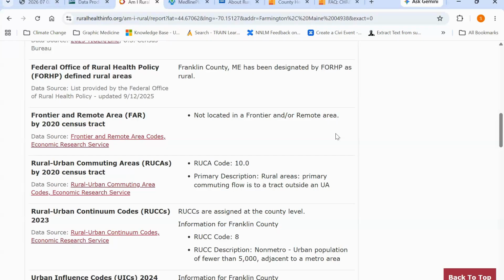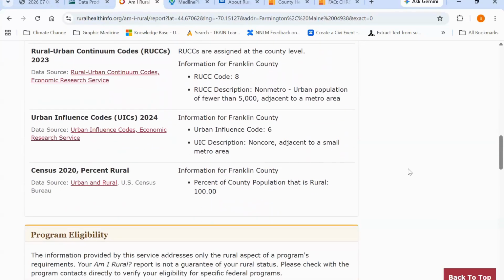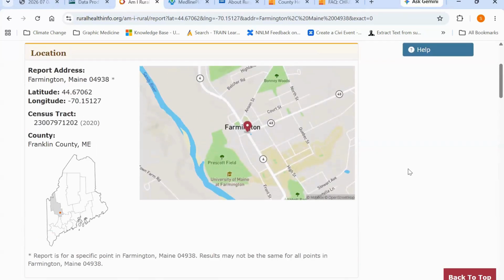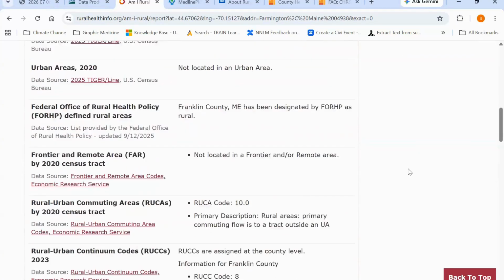This breaks it down by pretty much any of the various definitions that are possible and will tell you yes, no, yes, no. In this case, Franklin County is 100% rural. So Farmington is rural pretty much across the board.